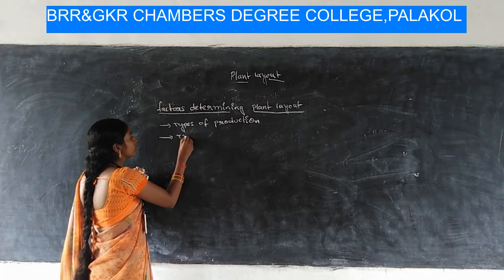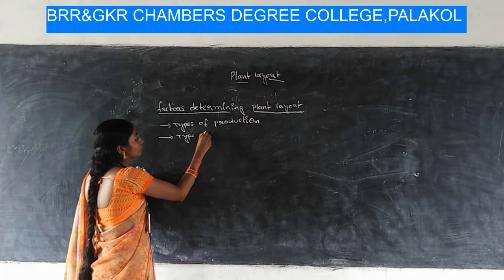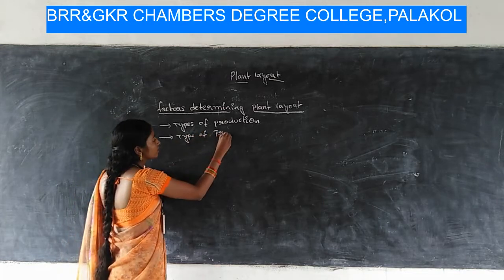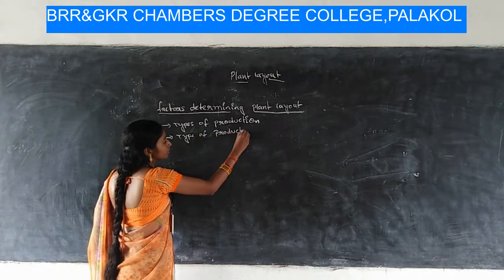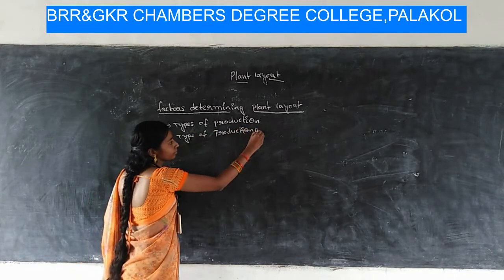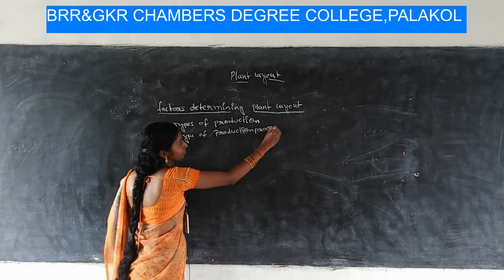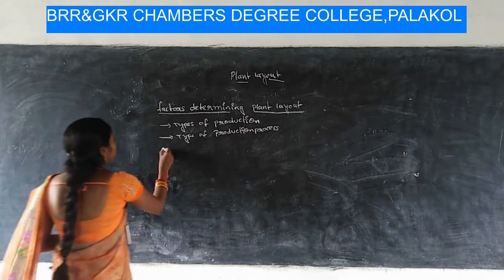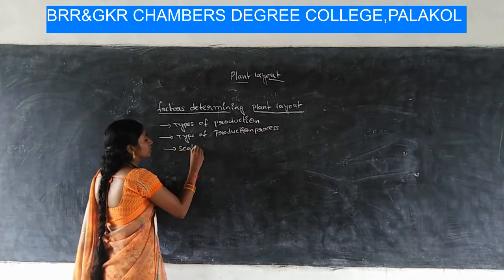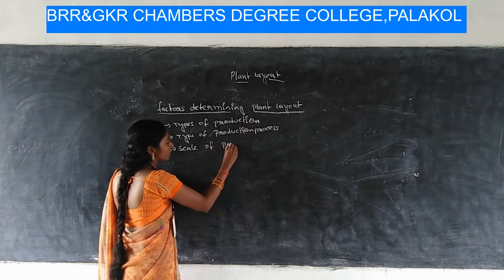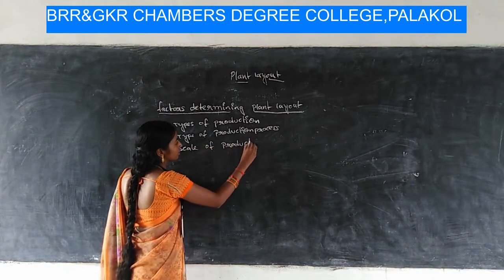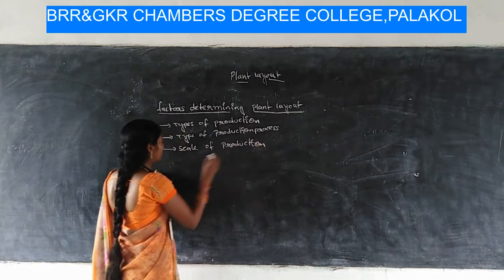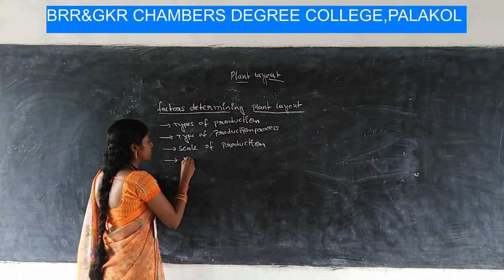Second one is type of production process. Next one is scale of production and machinery.